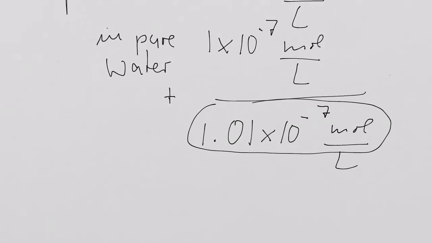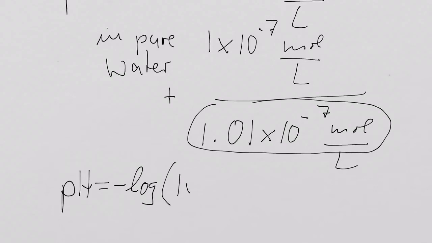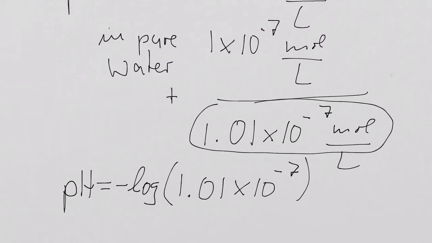So, pH equals minus log of 1.01 times 10 to the minus 7. What does that give you?